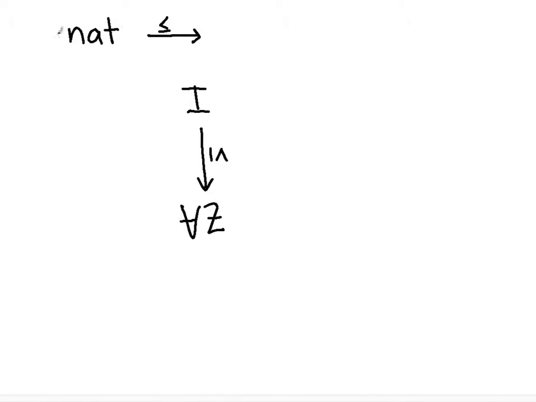Well, natural numbers have a lower bound. 0 is the smallest natural number. So, 0 is the initial object in this category. Again, the category does not have a terminal object. It would have to be infinite. And the natural numbers don't include infinity. But it does have an initial object.